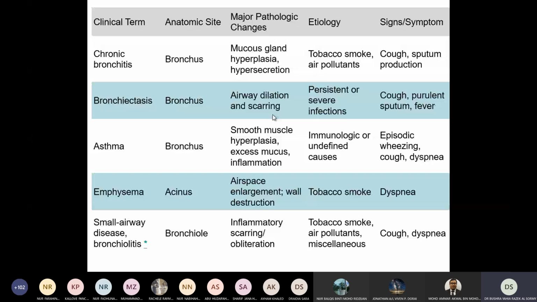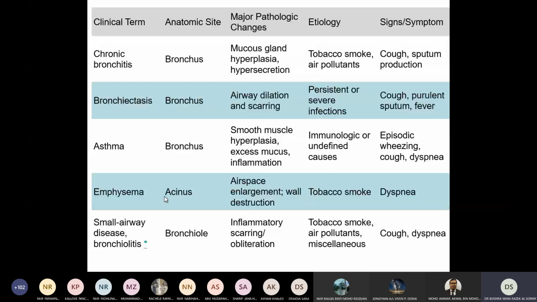Etiology is usually persistent or severe infection, with cough, purulent sputum, and fever. Asthma, also the main site is the bronchus, due to smooth muscle hyperplasia, excess mucus, and inflammation, and the etiology is immunological or idiopathic causes, with episodes of wheezing, cough, and dyspnea.